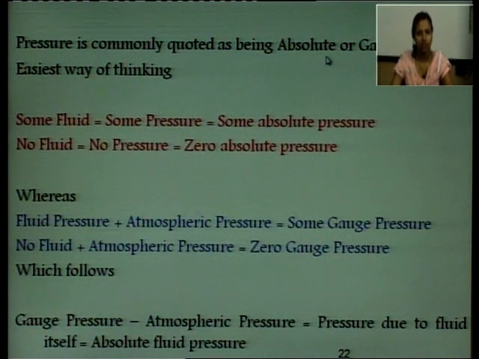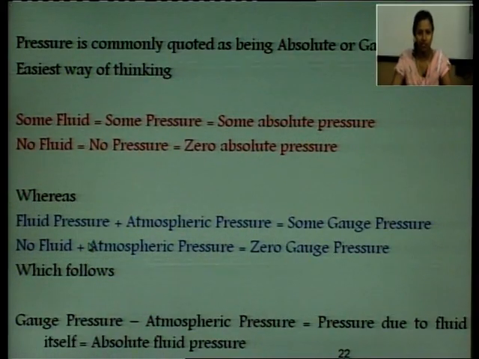So, pressure is commonly quoted as being absolute or gauge. An easy way of thinking is: if there is some fluid, then there is some pressure, which is equal to some absolute pressure. If there is no fluid, then there is no pressure, which is equal to 0 absolute pressure.